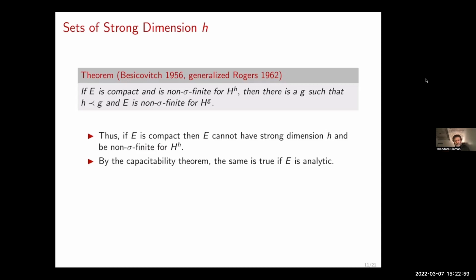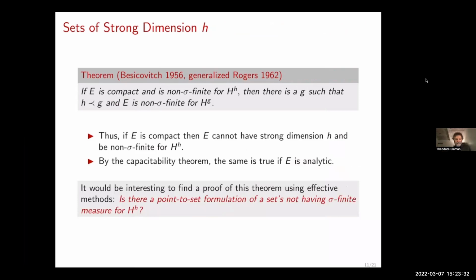So there's an interesting fact, asserted for compact sets, and then here for analytic sets. The non-sigma finiteness of a set, if the set is nicely definable, spills over. And of course, it doesn't have a sharp boundary.